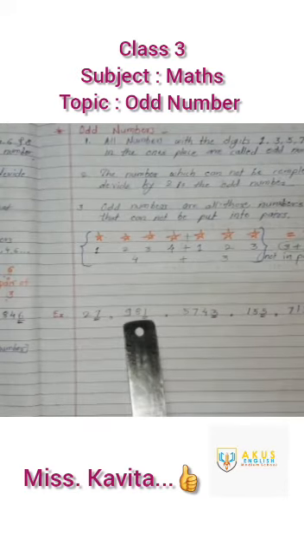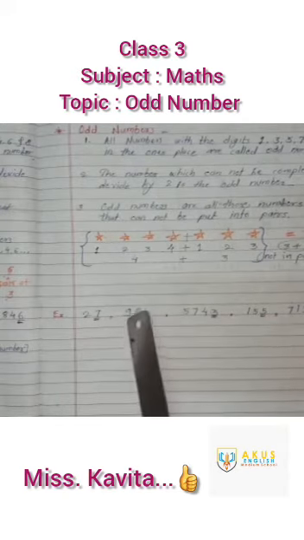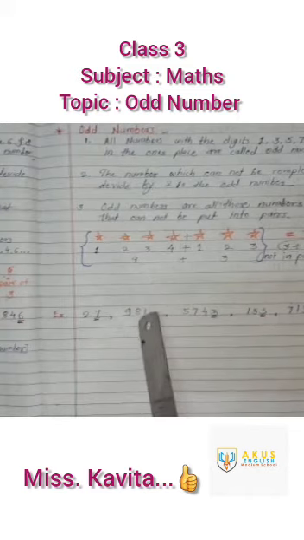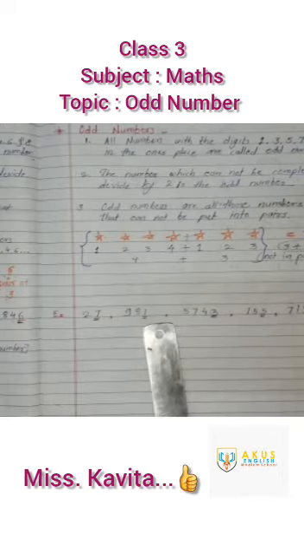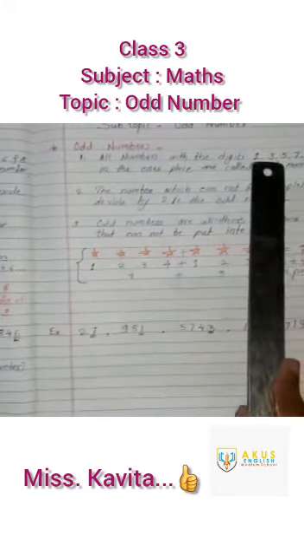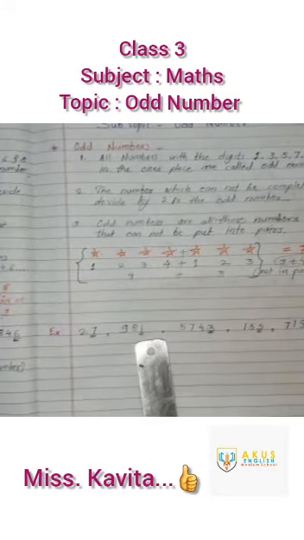Now you can see here 981. Here 9 is in the hundreds place, 8 is in the tens place and 1 is at the ones place. So at the ones place there is a 1 and this is from the group of these digits. So we can say that this is definitely an odd number.